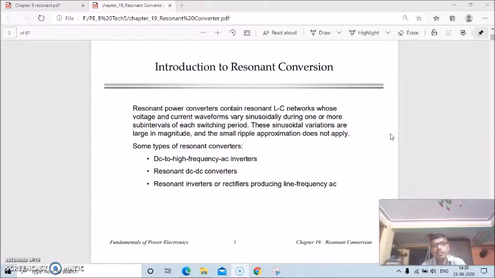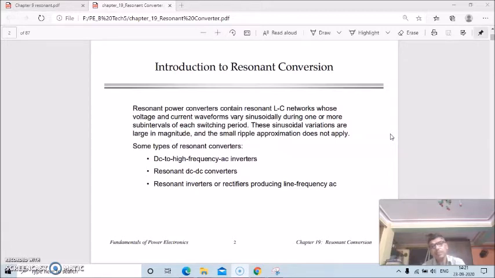Resonant power converters contain resonant LC networks whose voltage and current waveforms vary sinusoidally during one or more subintervals of each switching period, and these sinusoidal variations are large in magnitude, and the small ripple approximation does not apply.